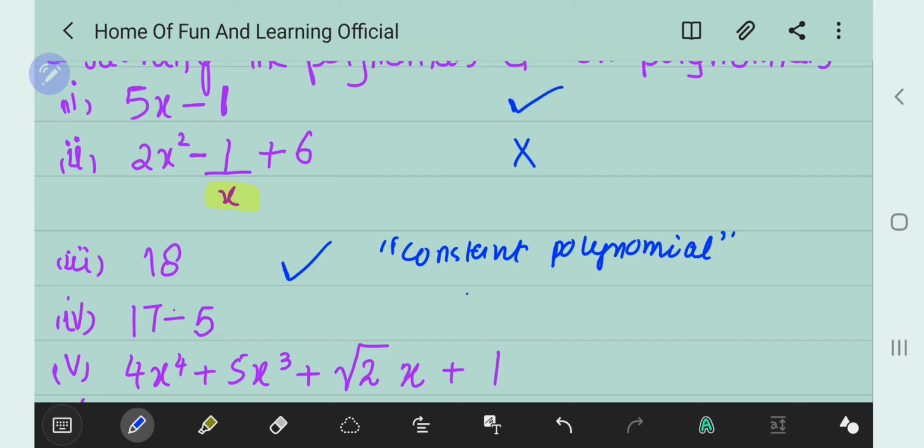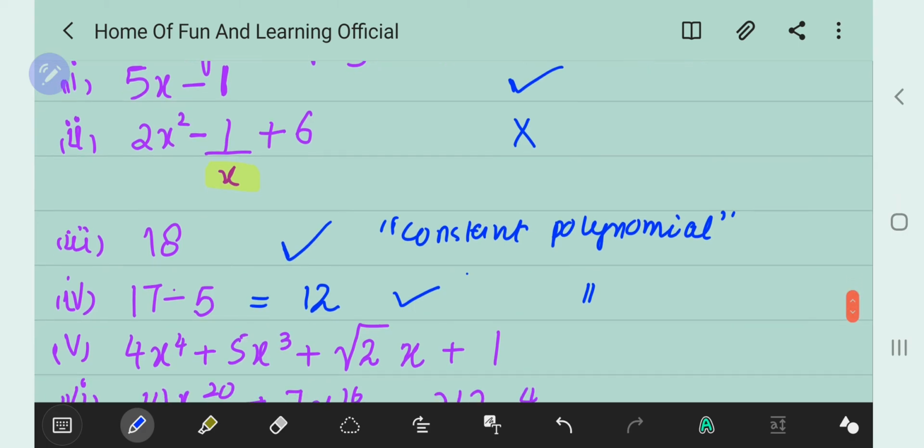Now 17 minus 5. It's basically 12. That's also a polynomial by this same logic. This is a very interesting question. At first it may seem like there's a radical, so you may call this a non-polynomial, but that's not the case, because this radical only applies to 2, it doesn't apply to the variable.